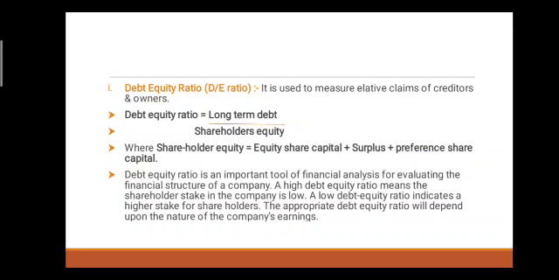Debt equity ratio is an important tool of financial analysis for evaluating the financial structure of a company. A high debt equity ratio means the shareholders' stake in the company is low. A low debt equity ratio indicates a higher stake for shareholders. The appropriate debt equity ratio will depend upon the nature of the company's earnings.